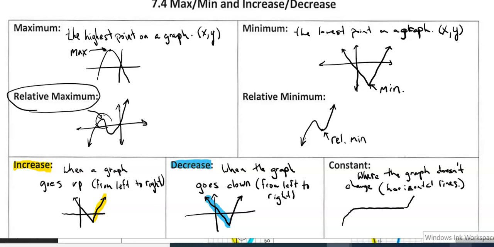There is a part where, during this section right here where it's horizontal, it doesn't change. Each of these are x intervals. You'll understand a little better what I'm talking about when we do some examples.